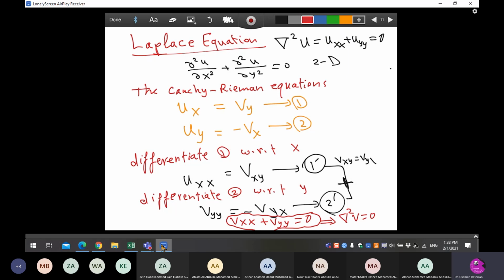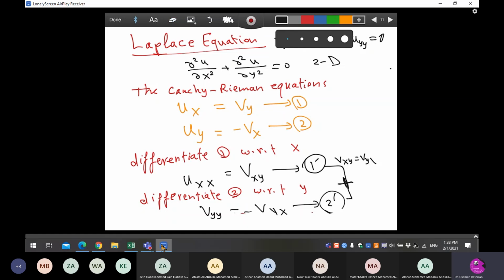Sorry, this is for my u, not v. I'm just writing it again. So you have u_xx plus u_yy equal to 0, right? So yes, this is nabla square u equal to 0. This is the Laplace equation.